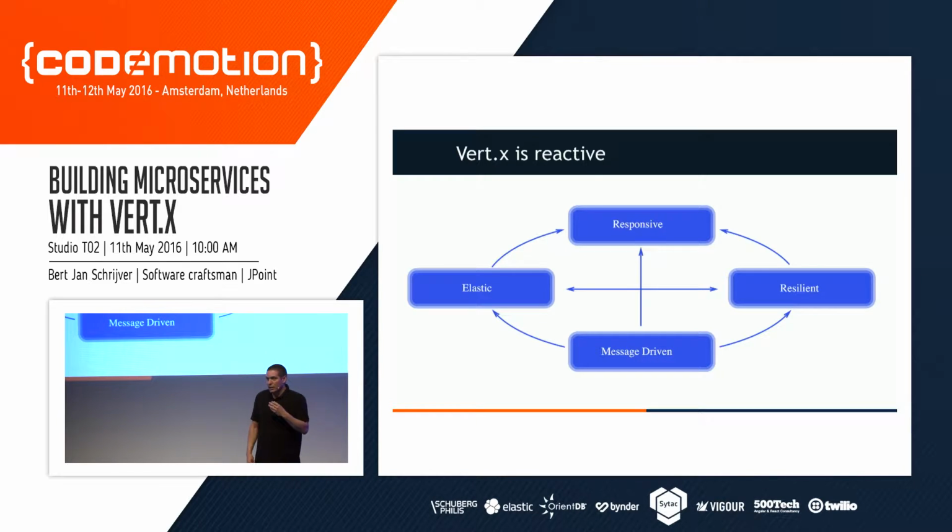It should be elastic, which was previously called, in the reactive context, scalable. Elastic means the application reacts to a varying workload and responds by scaling. And reactive applications are event-driven, which means they use asynchronous message passing to create boundaries between the different components in a reactive system.